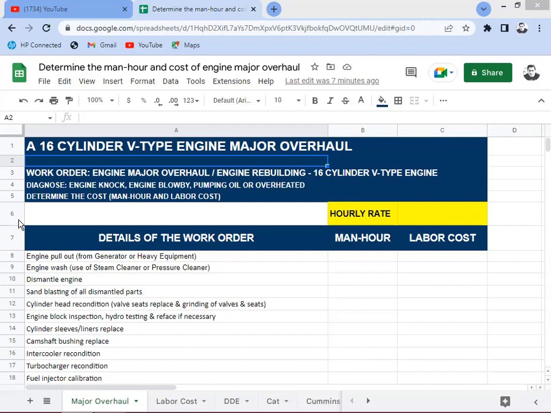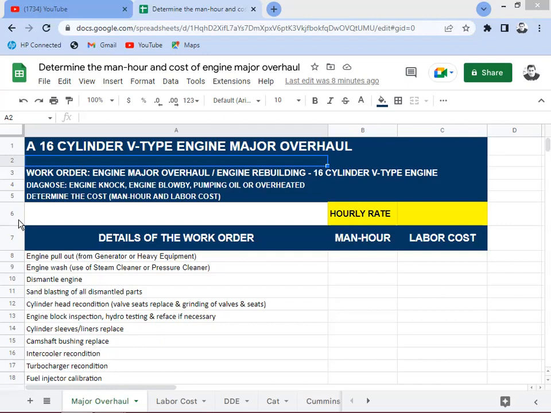Sometimes pumping oil also happens. The oil in the lubrication pan or crankcase of the engine block is supposed to stay there, and only the oil pump is pumping the oil for the lubrication system. But the oil is coming up through the piston rings, and it mixes with the combustion process, and then perhaps the engine is overheated.